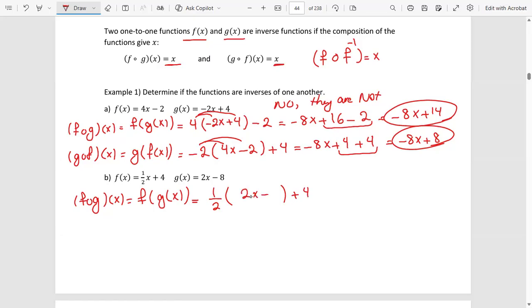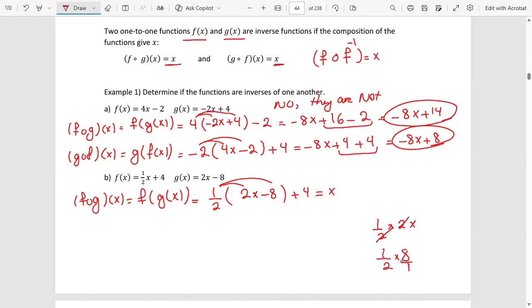If I distribute to drop the parenthesis, 1/2 times 2x, 2 and 2 can cancel each other, so we get just x. 1/2 times 8.